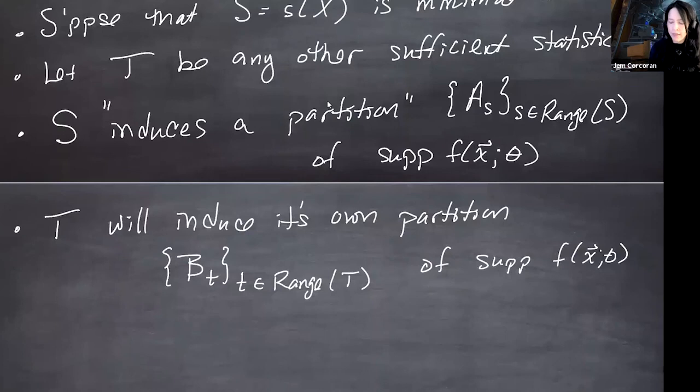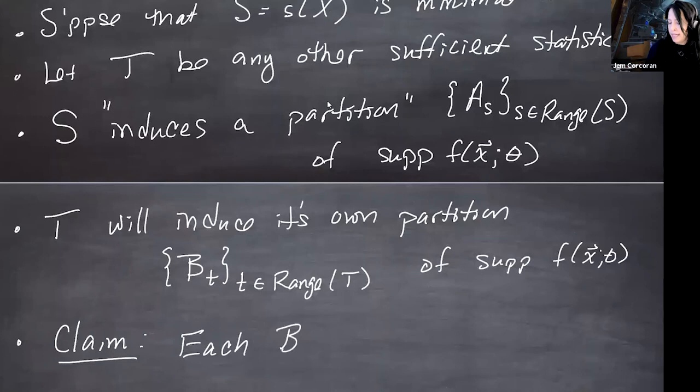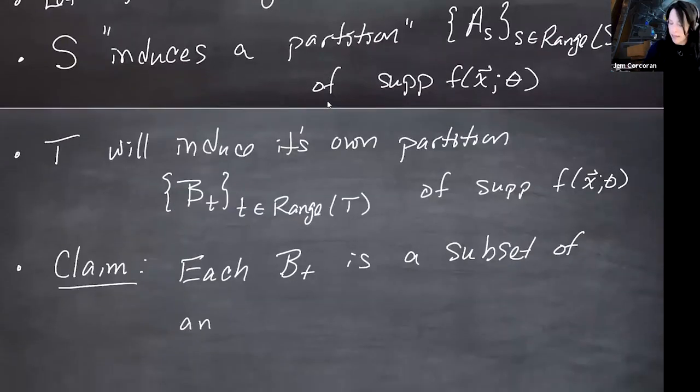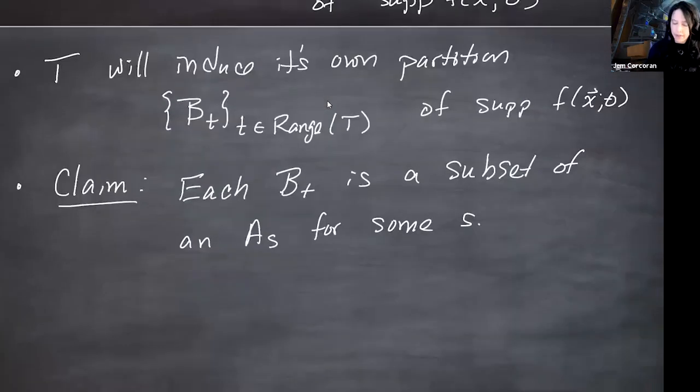So I claim that the minimal sufficient statistic has the coarsest partition. So I claim that each and every B_t is a subset of an A_s for some s. Let me just try to convince you by example.